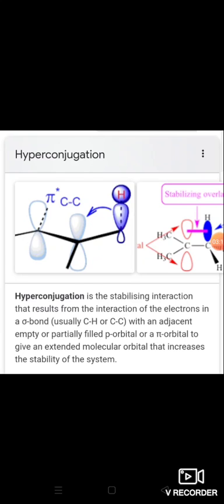For example, if a double bond is there and you show the arrow mark, the double bond is shifting from one point to another point, the adjacent bond position. The double bond has a sigma bond and a pi bond. If the arrow mark shows this double bond to another bond, the pi bond is shifted from one position to the adjacent bond position.